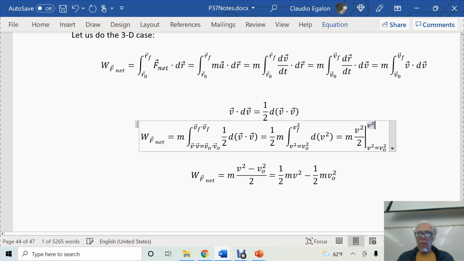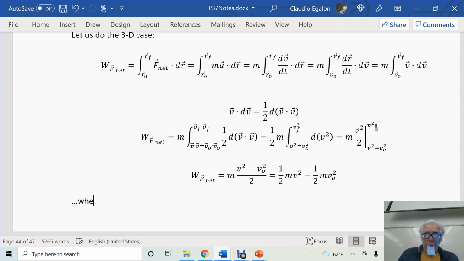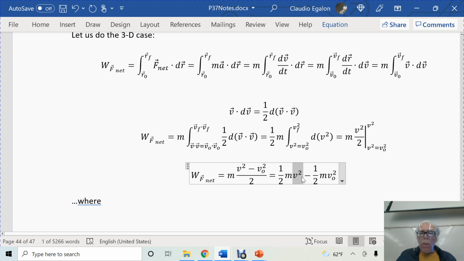Here you go. Simplify the notation. The only difference now is that this v squared is what?